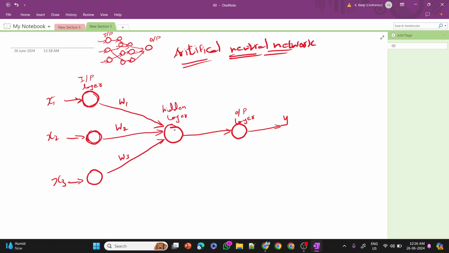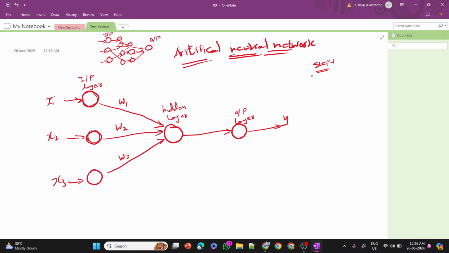Inside this hidden layer, there is a neuron. Inside this neuron, two things will happen. The first step is that the incoming input data and the weight are multiplied together and given to the hidden layer.